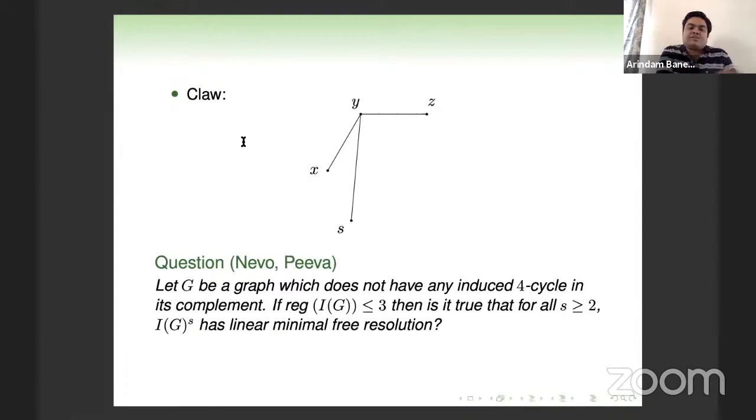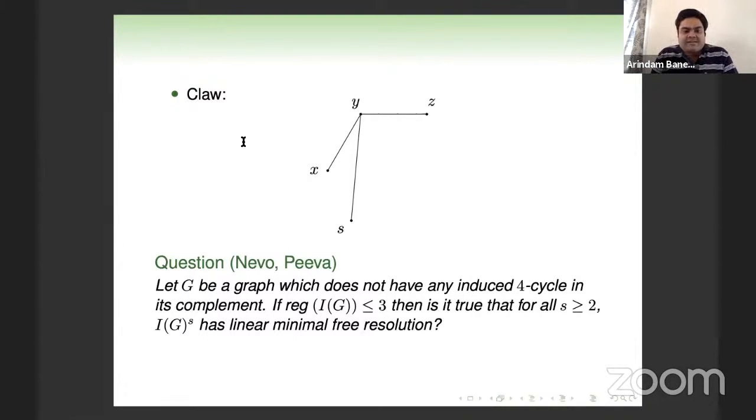So the difference between this question and the previous question was just taking no induced 4-cycle blanketly. And the counterexample actually is the case where regularity of I_G is 4. But what happens to 3? Of course, if regularity is 2, then all higher powers have linear resolution, because that's linear resolution. That implies higher powers have linear resolution. What happens to regularity less than or equal to 3? Is it true that all higher powers have linear resolution?